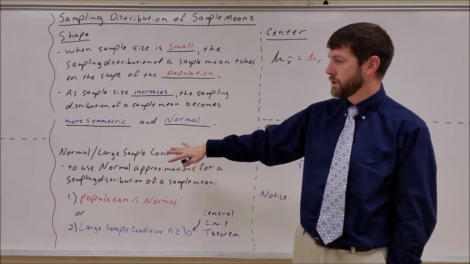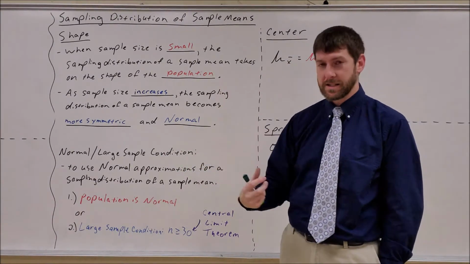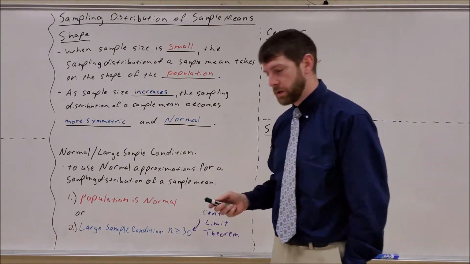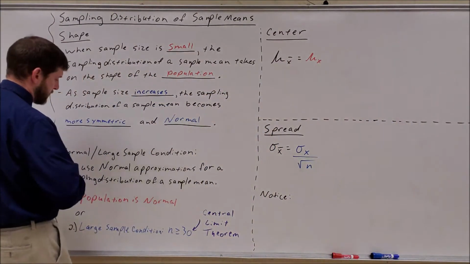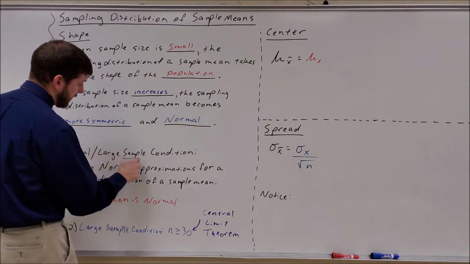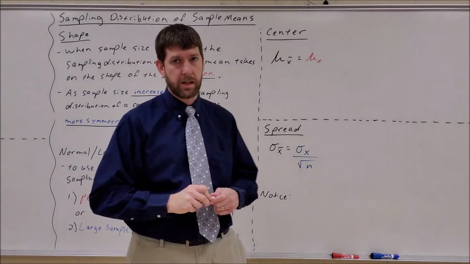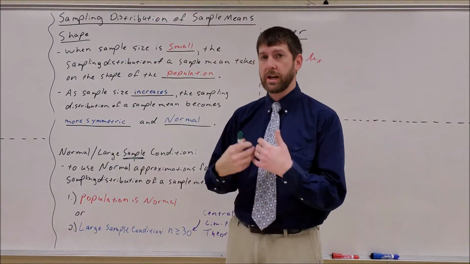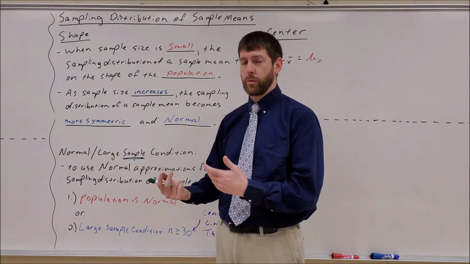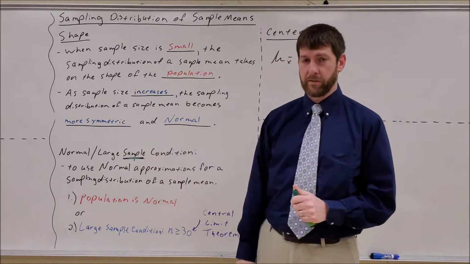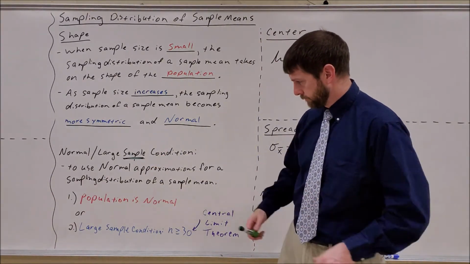And when we're dealing with means, we don't have successes and failures. You just have an average that you've generated from your data set. So what we're going to use is the large sample condition in this case. Okay, so not large counts. Large counts is for proportion, so we want to make sure we get that vocabulary right. Large counts is when we're looking for normality from proportion. Large sample is when we're looking for normality with means.